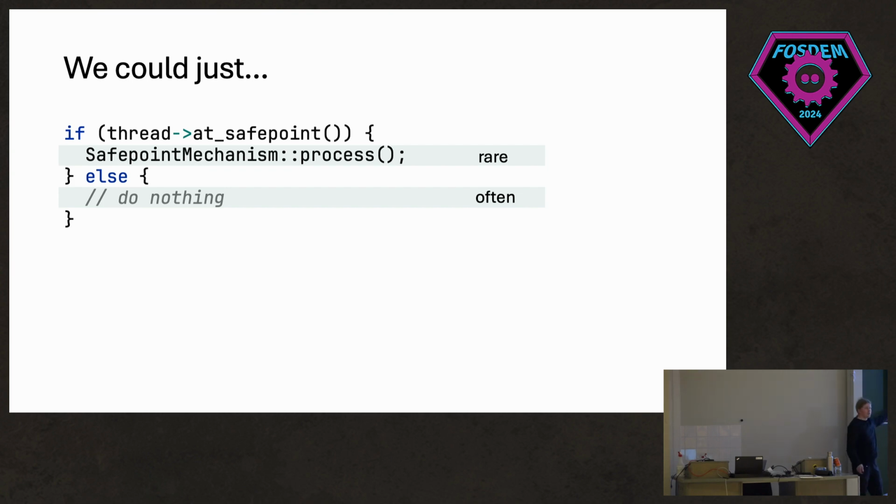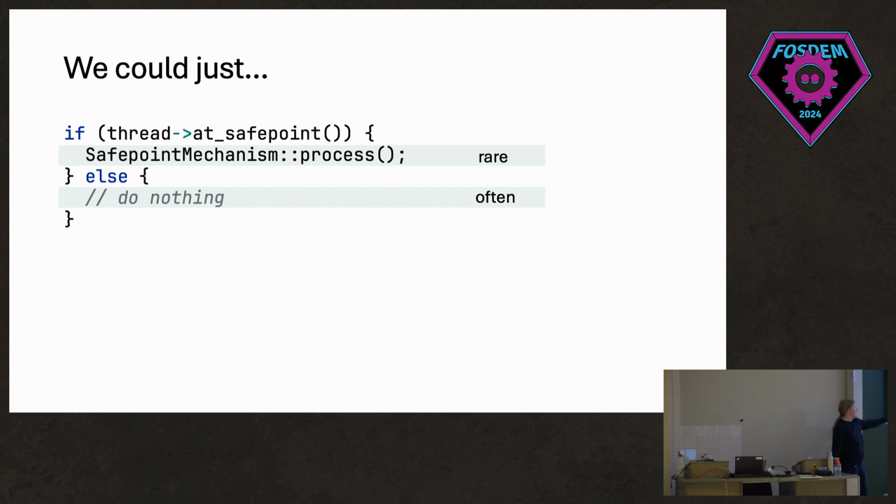But we see that the first branch is used pretty rarely, because usually we're not going to be at a safe point. If we were at a safe point at every return, at every loop back edge, we would never get to do any work with our JVM.